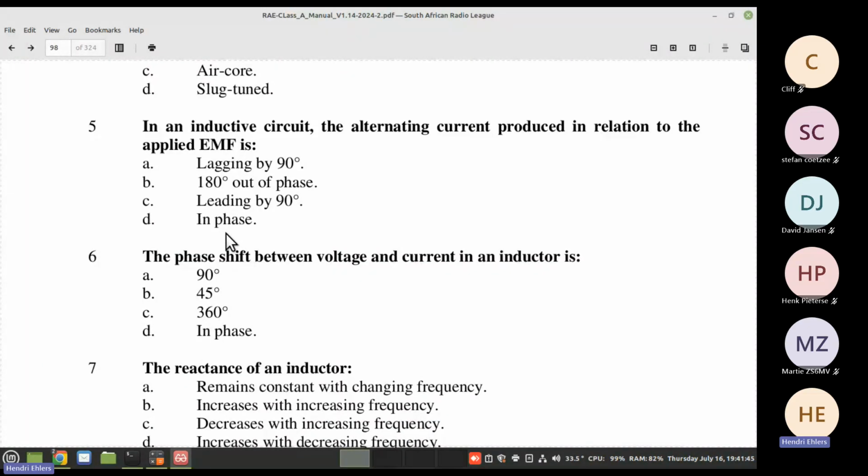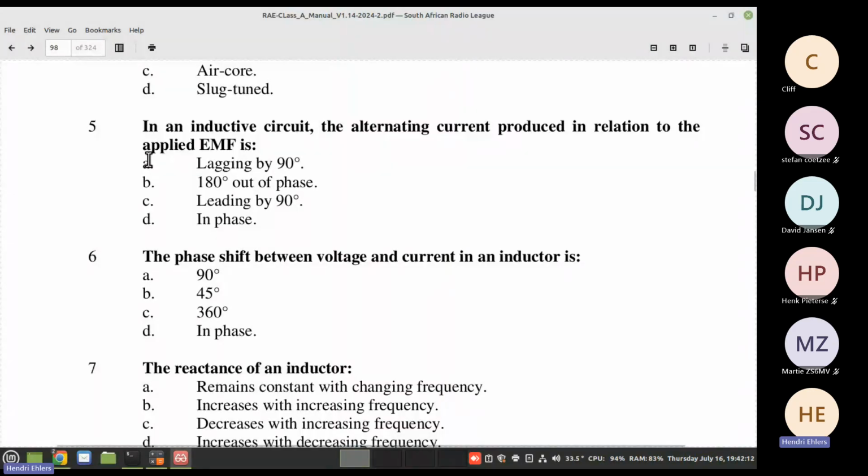In an inductive circuit, the alternating current produced in relation to the applied EMF is lagging by 90 degrees.